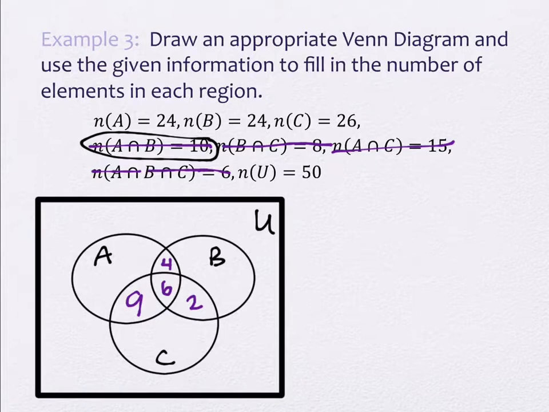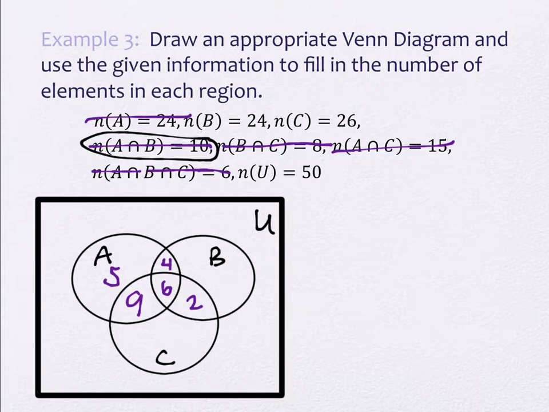What's that totaling up to so far? 19. But I want circle A to add to 24. So I need 5 more. So there's a 5 that needs to be represented in circle A only. And then I'm marking off the N of A as 24.